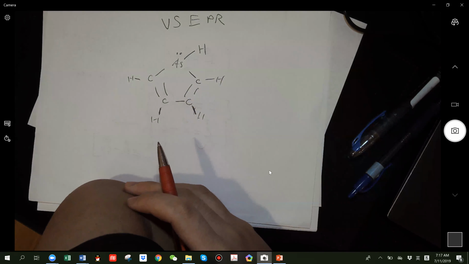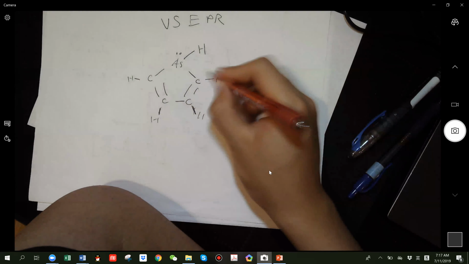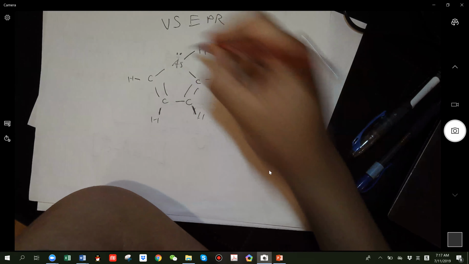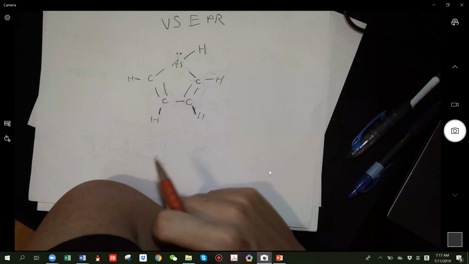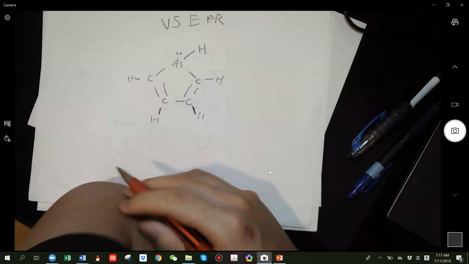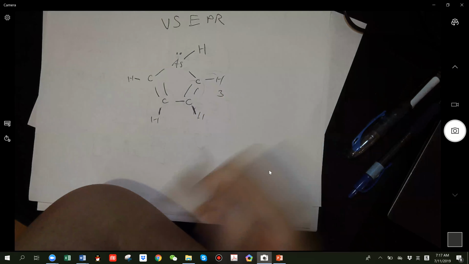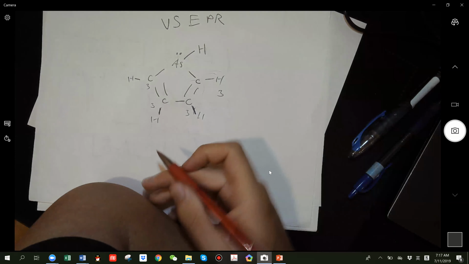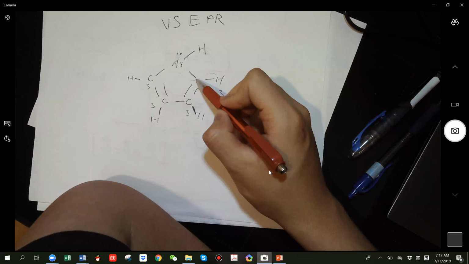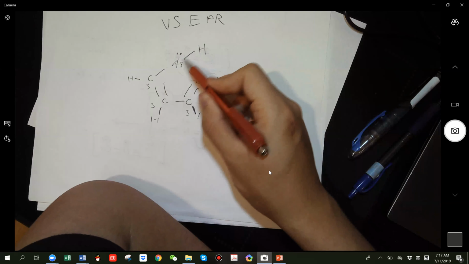Okay, let's start with carbon. Carbon has this bond, and this bond, and we count the double bond as 1 bond. So this means we have a steric number of 3. Now you can make the same argument for all the other carbons. Now, we have this arsenic atom.